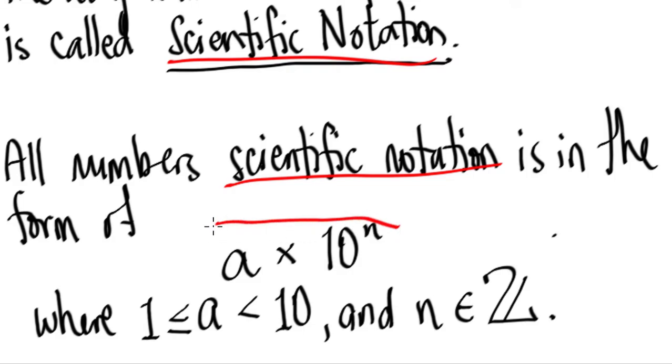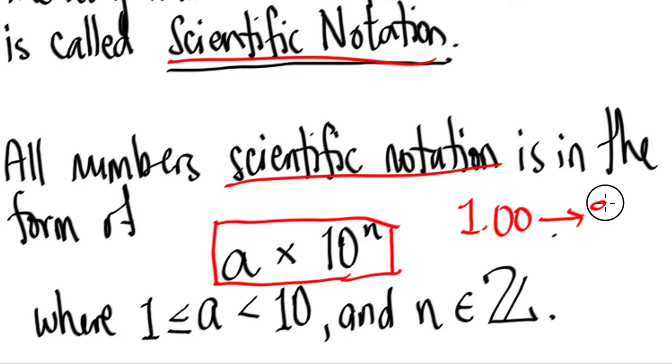Here, a is greater than or equal to 1, so a is at least 1, but strictly less than 10. The values of a can go from 1.00 only until 9.99999. So it cannot be 10.